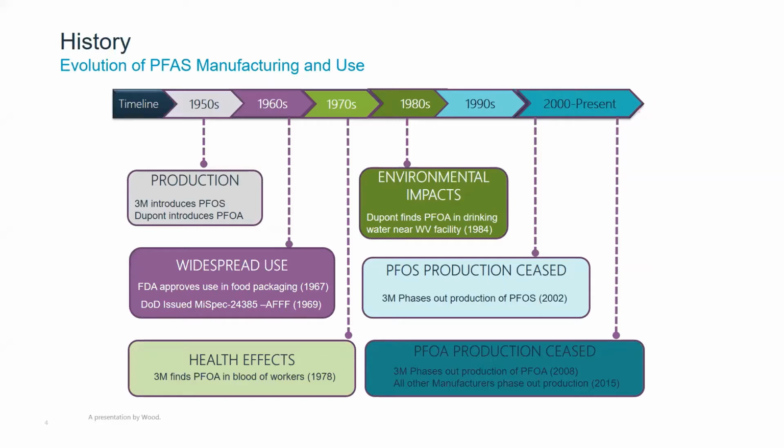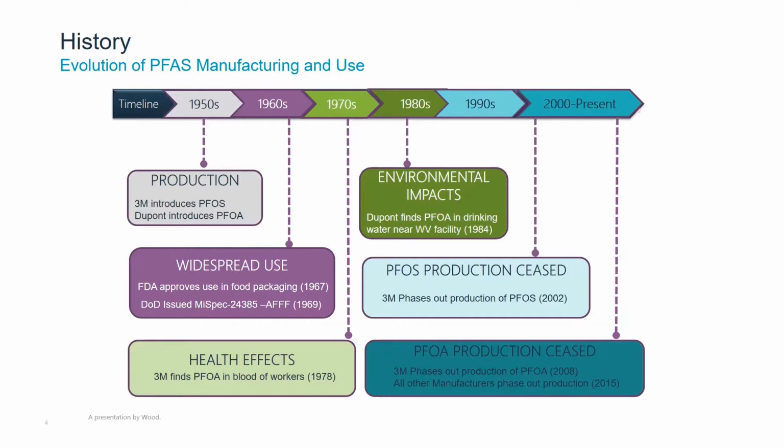PFAS are synthetic chemicals that have very unique chemical structures. So they turn out to be extremely useful for certain things, like fighting petroleum-based fires. This AFFF, firefighting foam, became very commonly used in airports, petroleum bulk storage, those applications.